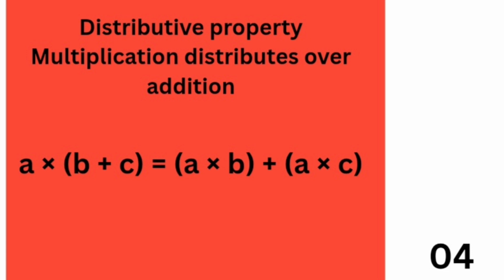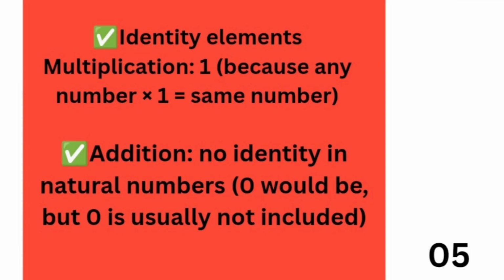A times inside the bracket B plus C is equal to A times B plus A times C. Identity elements, multiplication 1, because any number times 1 is equal to the same number.